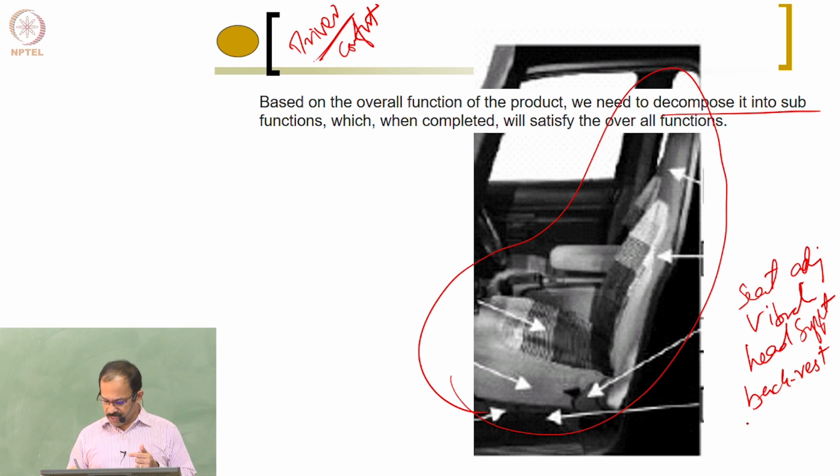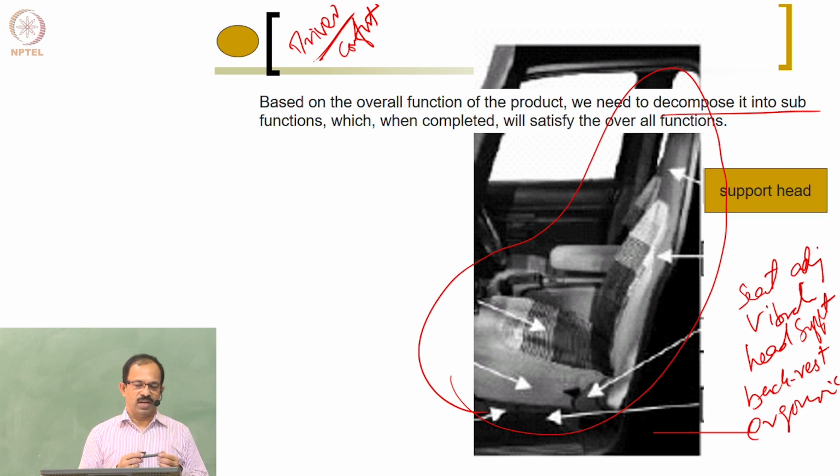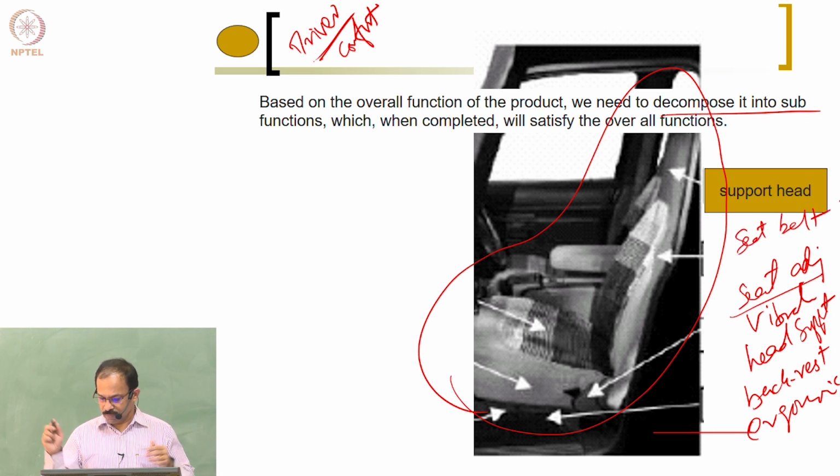Okay, that is basically the ergonomics. We call it ergonomics. Okay, seat adjustment, right? Okay. Height also. Sometimes you can adjust the height. What else? Seat belt. Yes. What else? Seat belt. Okay.